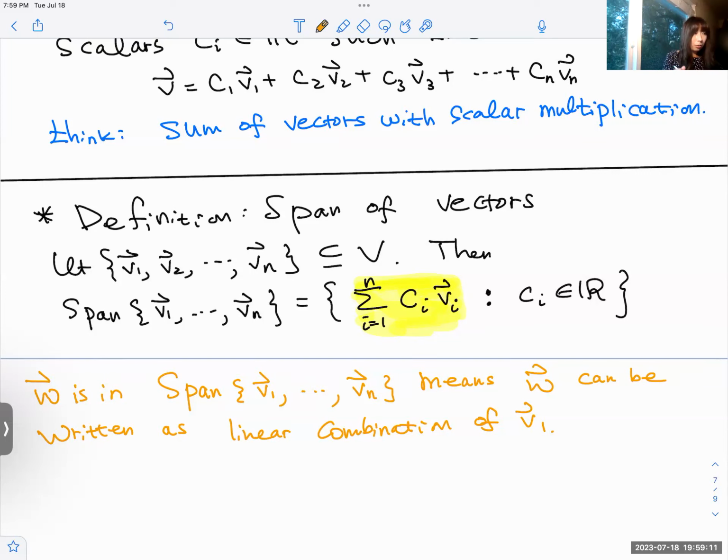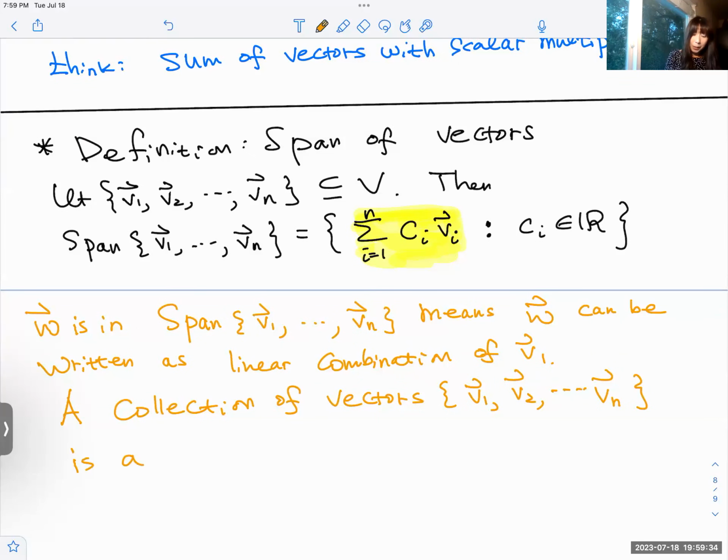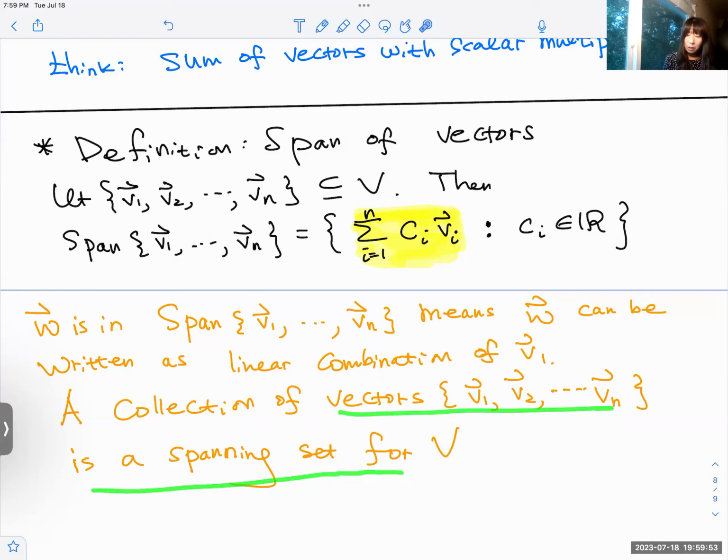Okay. We say a collection of vectors V1, V2, Vn is a spanning set for vector space V, right?